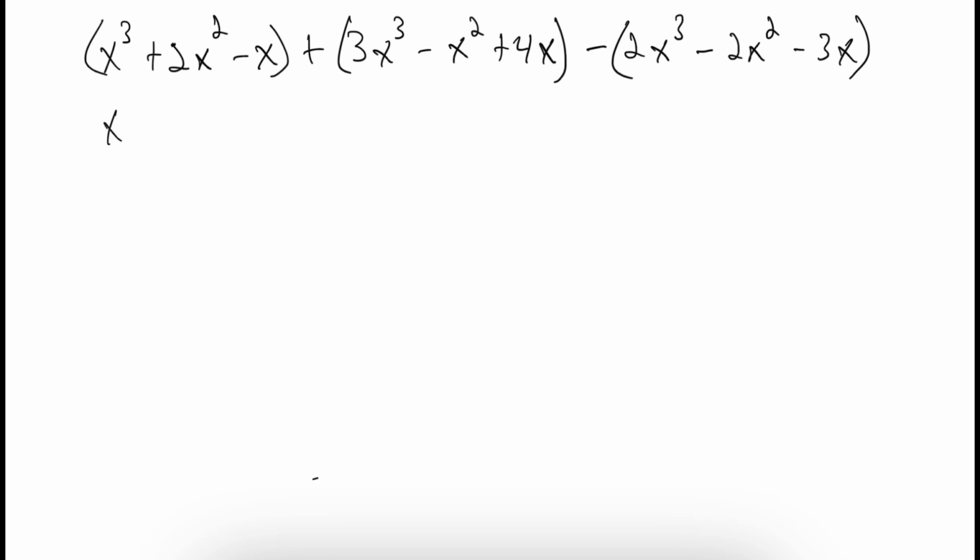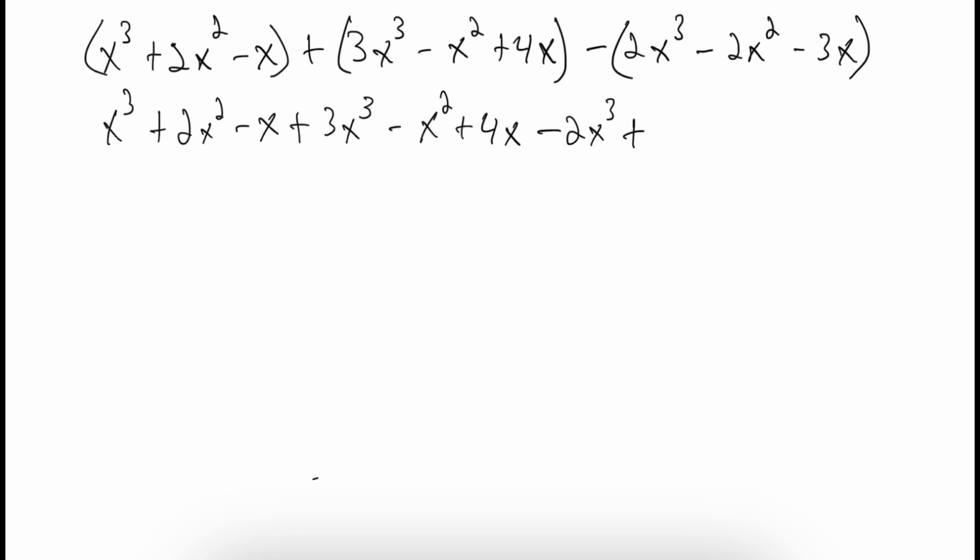So we've got x cubed plus 2x squared minus x plus 3x cubed minus x squared plus 4x minus 2x cubed minus 2x squared minus 3x.